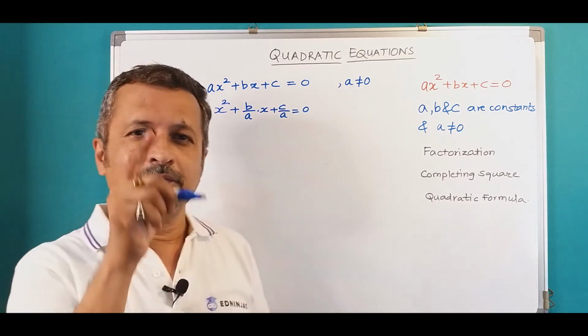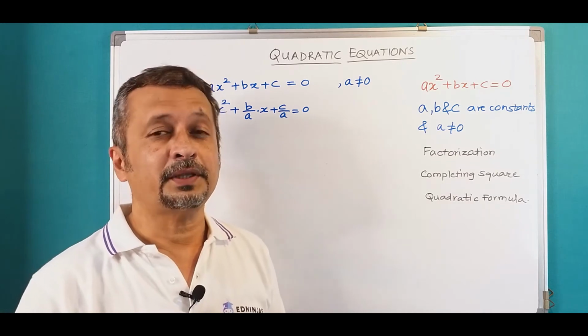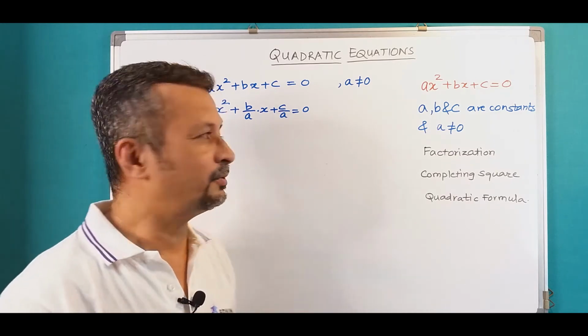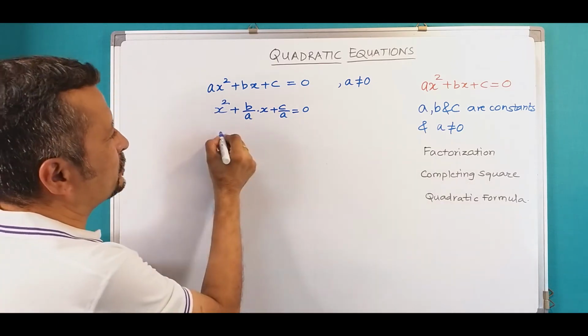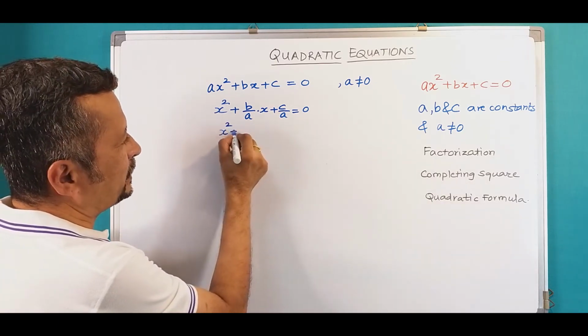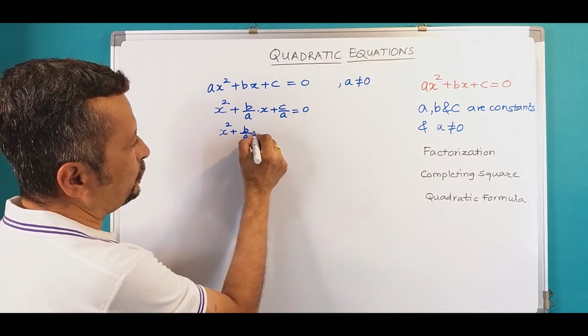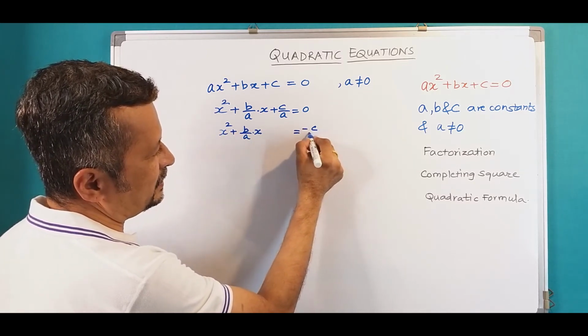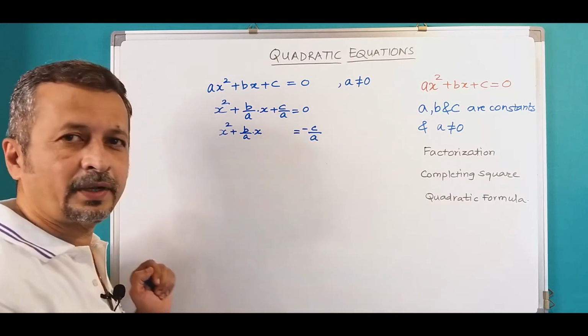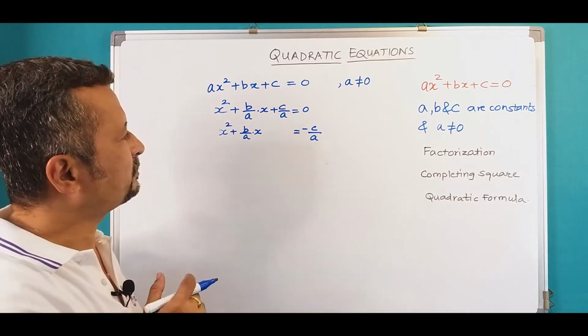Okay, we are going to use method of completing squares here. So I'm going to put this constant term on the other side. So x square plus b upon a into x is equal to minus c upon a. Okay, so now let us complete the squares here.